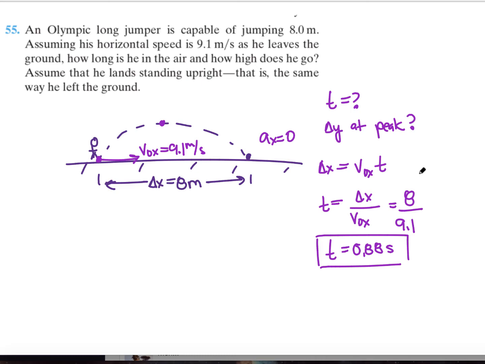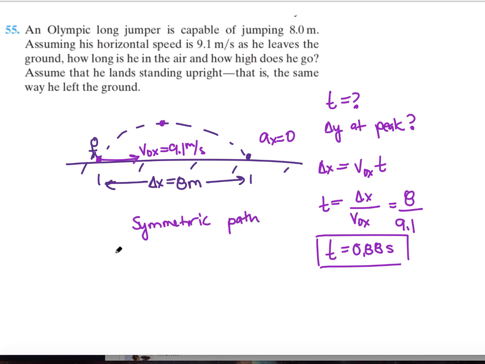Now the question is, how high does he go? Well, there are a couple different ways to do this, but to make it easiest we're going to rely on the fact that this is a symmetric path.